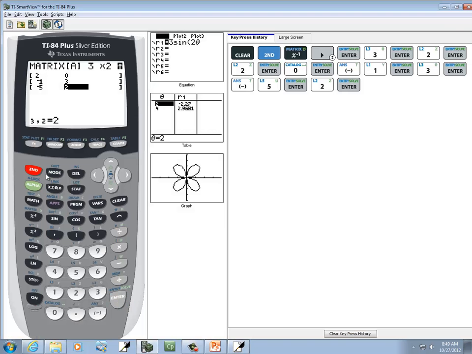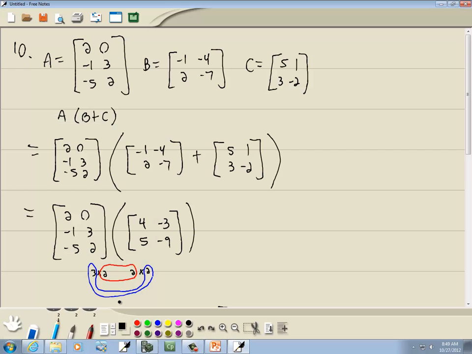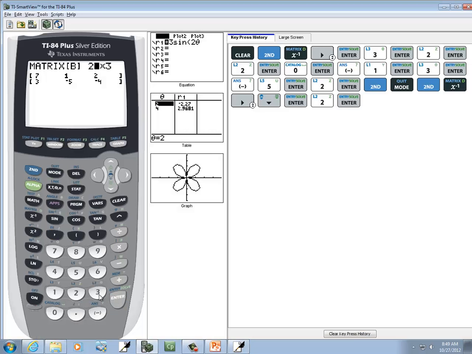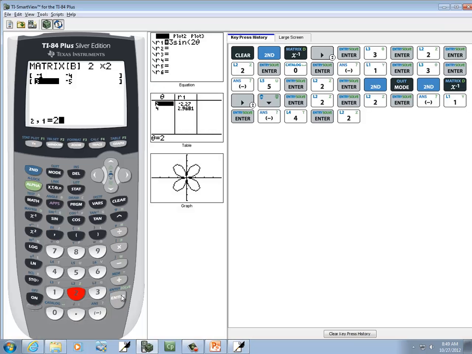Exit out, do a second mode. Go back in my matrix menu. Go over to the edit menu. Down arrow to B. And B is a 2 by 2. So 2 enter, 2 enter. Then we got negative 1 enter, negative 4 enter. 2 enter, negative 7 enter.